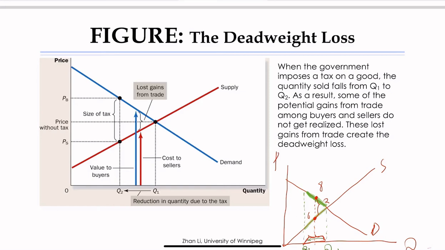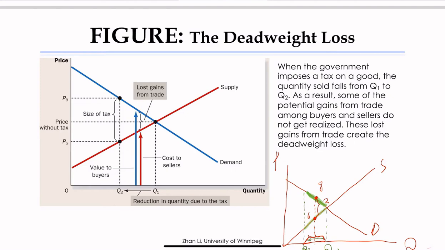In the end, the market quantity will be smaller. Here you can see that it reduces from Q1 to Q2. So reduced market quantity is the fundamental reason why we'll get a deadweight loss. And you can imagine that if the decrease in the market quantity from a tax is larger, then the deadweight loss will be larger.